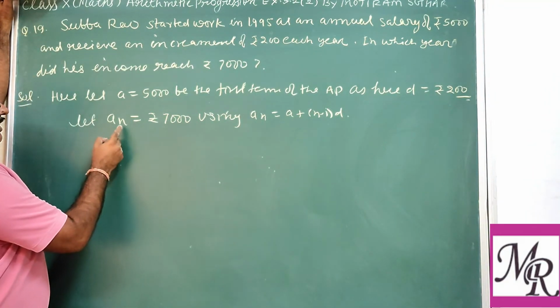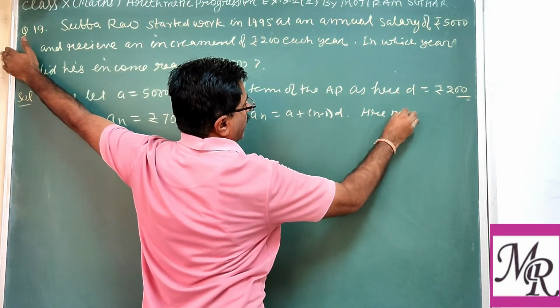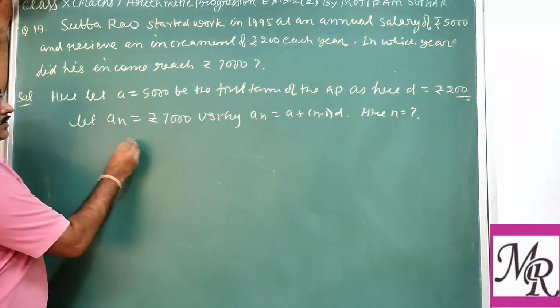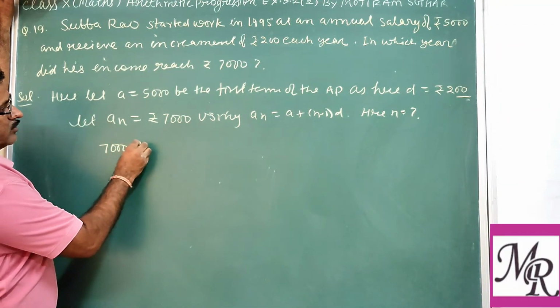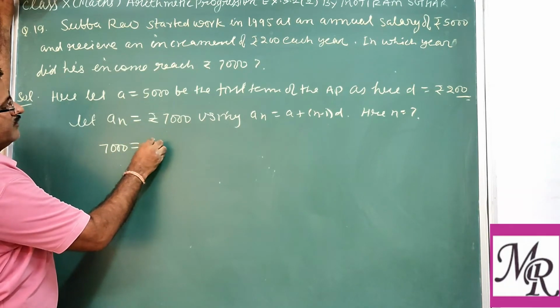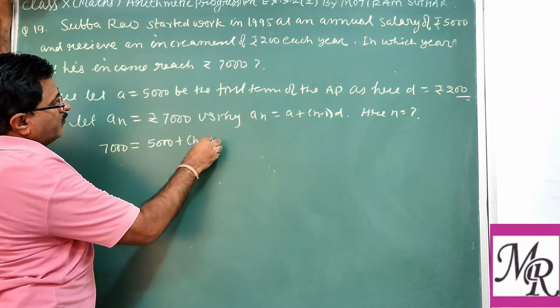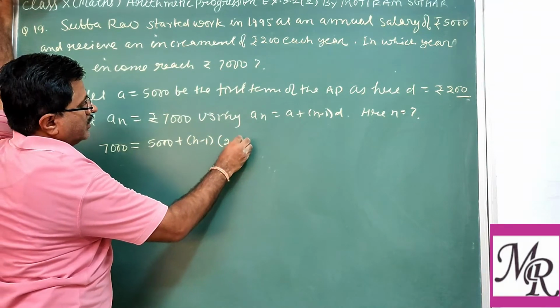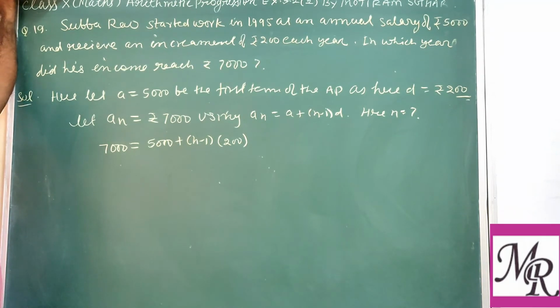So an we want to find. Here an, that is 7,000, equal to a, that is 5,000, the first term or starting salary, and every year the increment is constant, that is d.